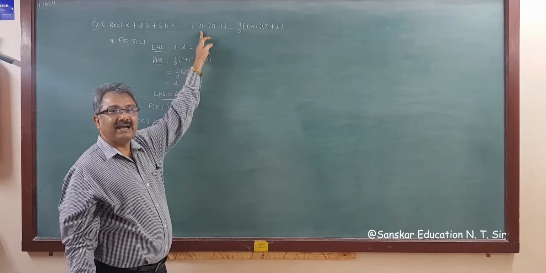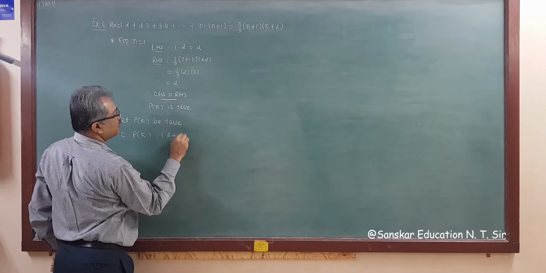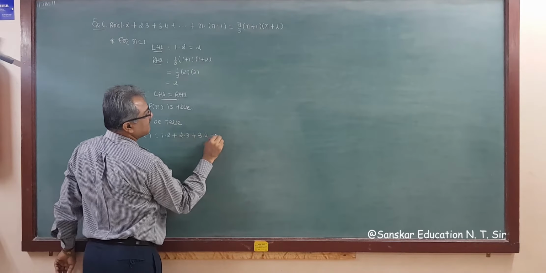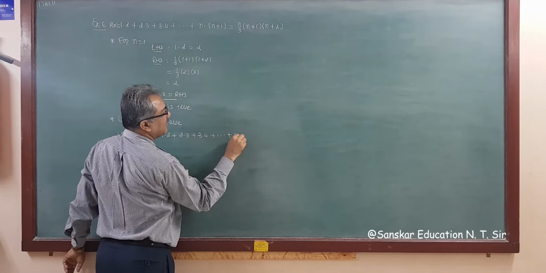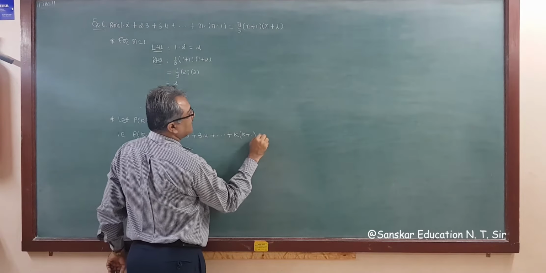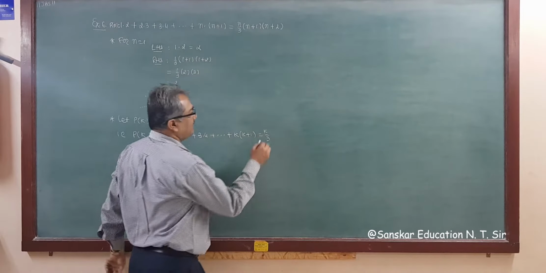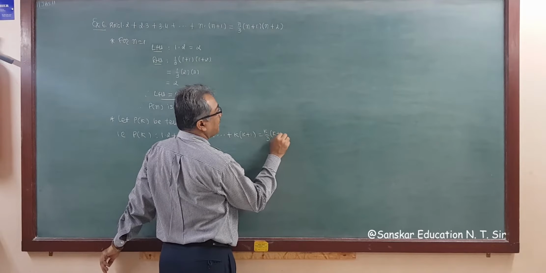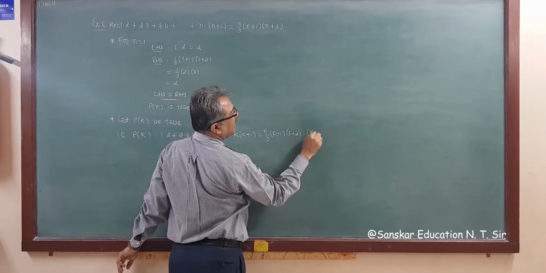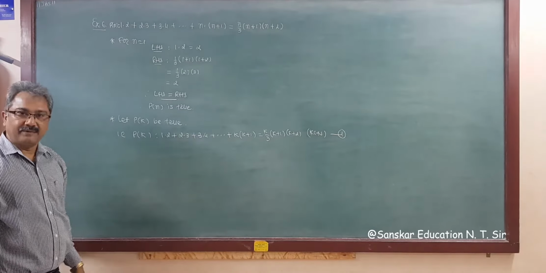So replacing n by k, what we get? 1 into 2 plus 2 into 3 plus 3 into 4 plus dash dash dash plus k into (k plus 1) is equal to k by 3, (k plus 1) and (k plus 2), where k belongs to N. And we have to say this as result number 1 as usual.